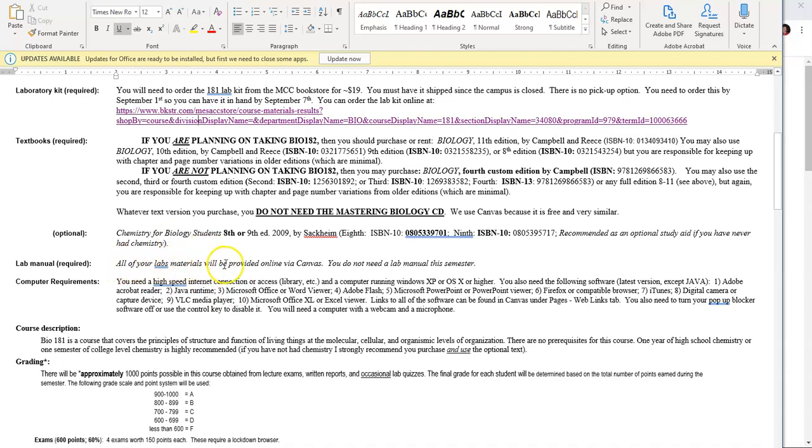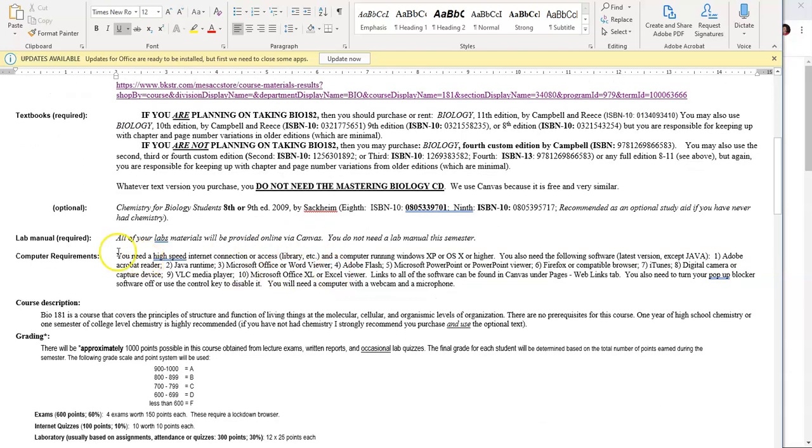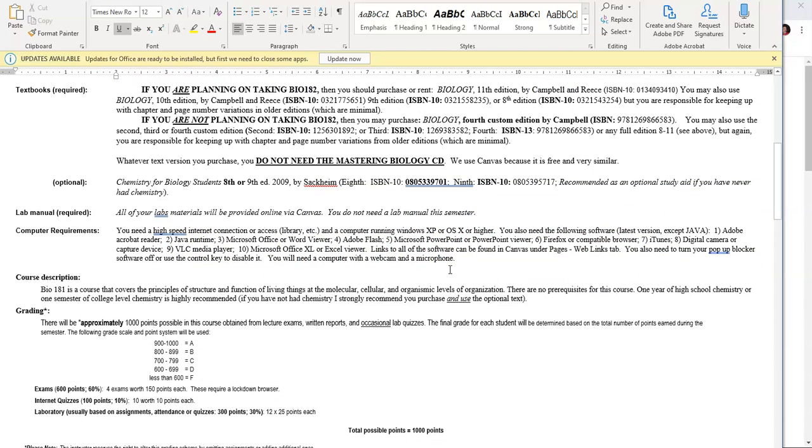The lab manual. There's no lab manual this semester because we're completely online. Like I showed you, all the labs are on Canvas, so you don't need a lab manual. You will need high-speed internet because there's a lot of video and stuff like that. You'll need at least Windows XP, Java, different video viewers and things like that.